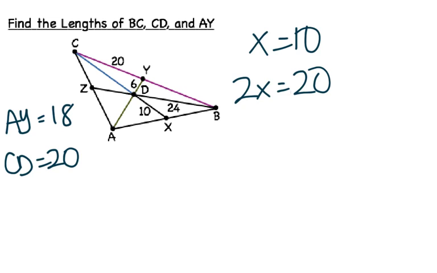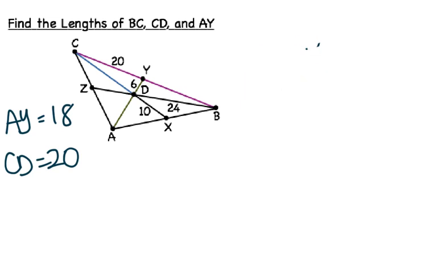Now BC is a little different, because BC is talking about a median. Notice that the only way that this would be a centroid is if it were a median, which means that AY is going to come down here and cut this side in half. So if this is 20, so is this 20. And the only way we know that is because of the definition of a median.